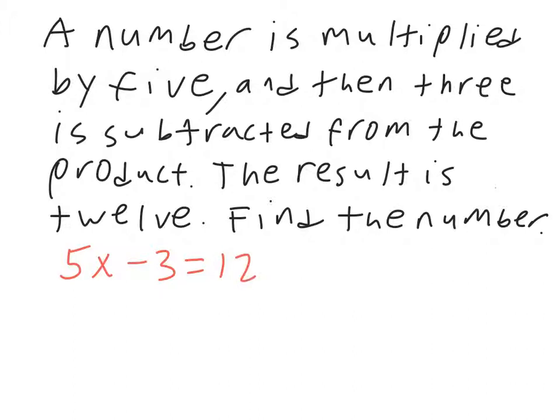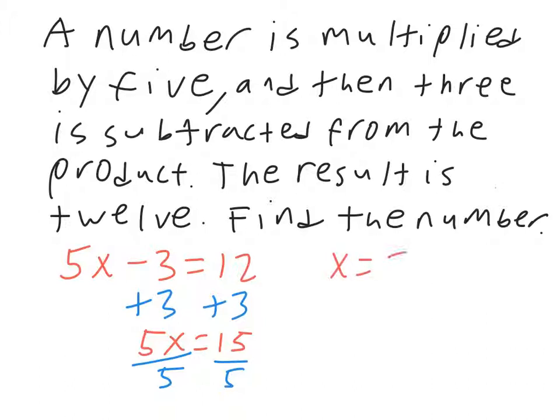And now it's an equation that we can solve. So add 3 to both sides. That'll give us 5x equals 15. Then divide both sides by 5. And we get x equals 3. So the number is 3.